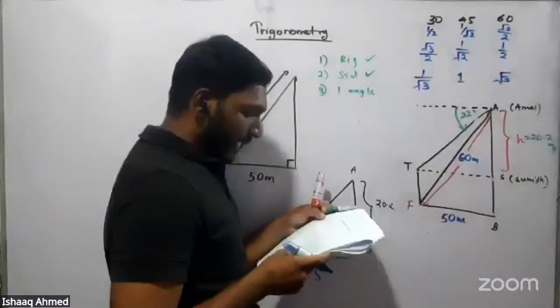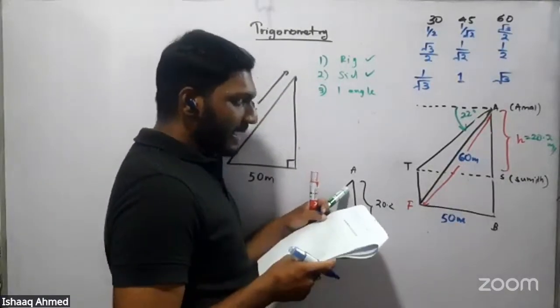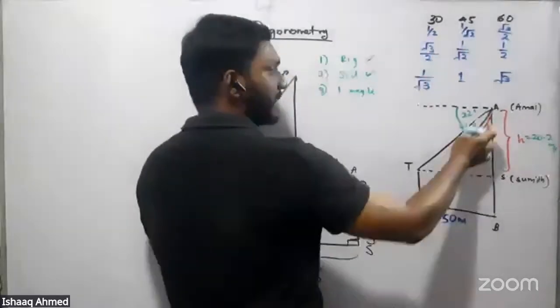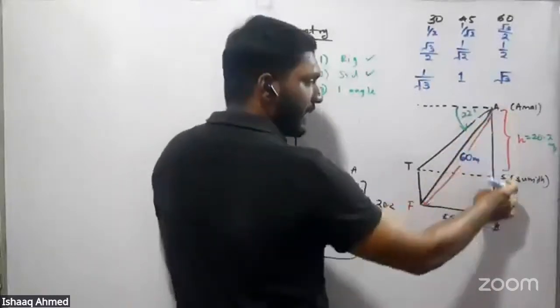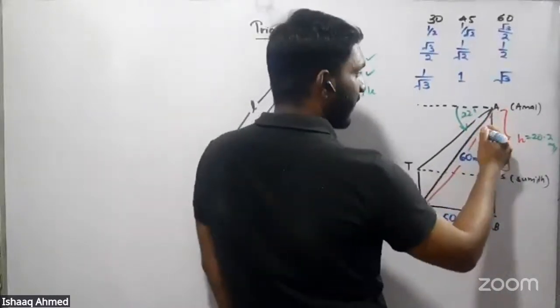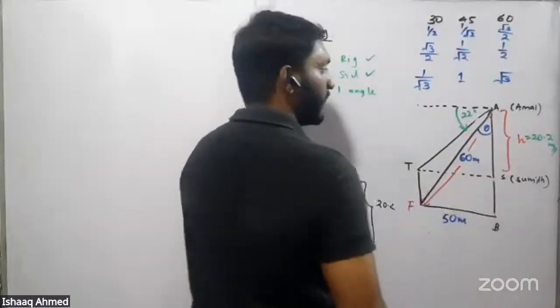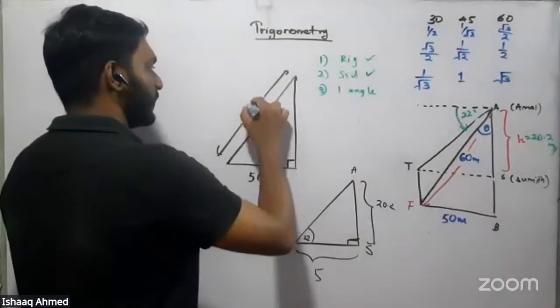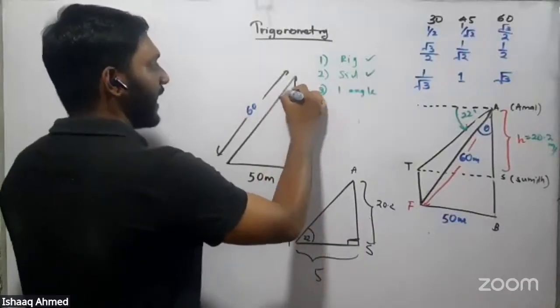Find the magnitude of the angle between AF and AB. So AF is this wire, AB is this. They want you to find this angle. That means this is 60.